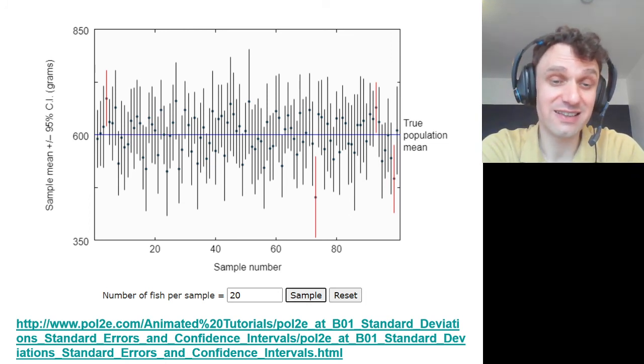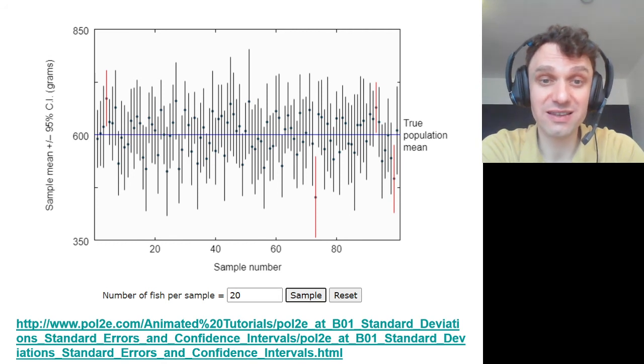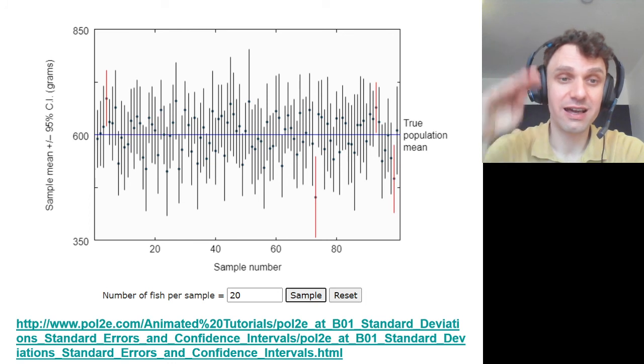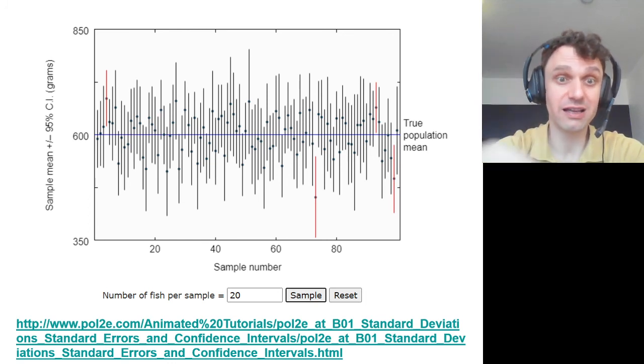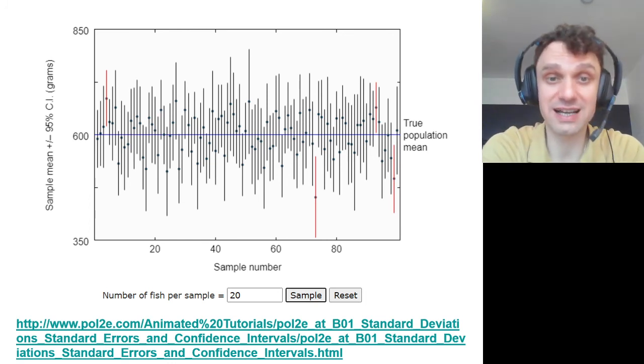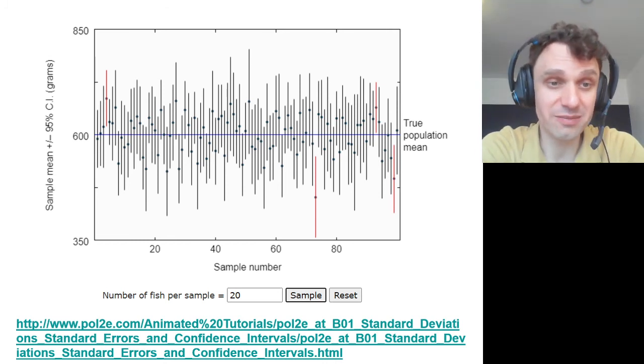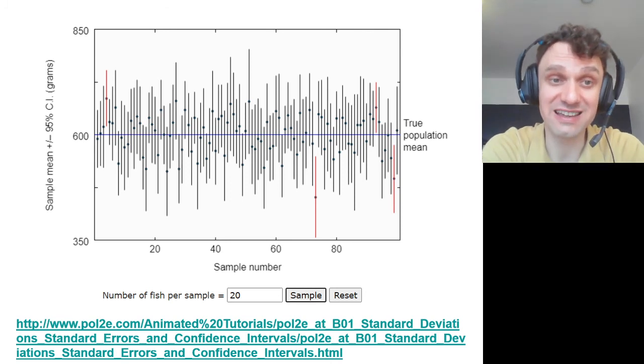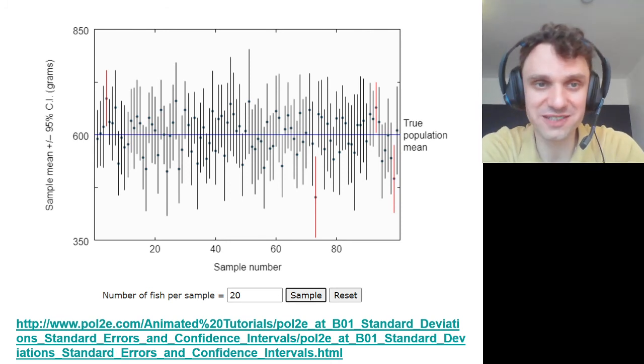And you see that every time the mean, which is shown on this diagram as a little black point, actually jumps a lot from study to study. Sometimes the estimate is as low as 500 grams, and sometimes it's as high as 700 grams.